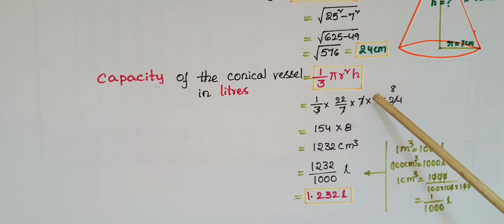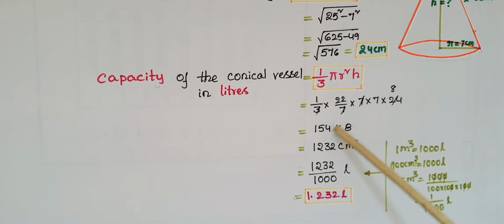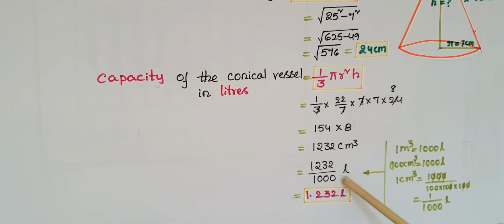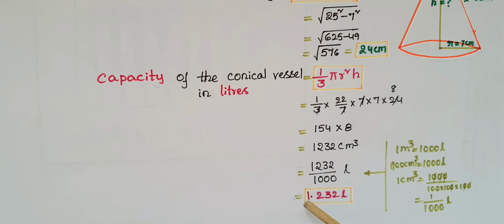Then 22 into 7 is 154 into 8, that is equal to 1232 centimeters cube. But here we want to find the capacity in liters. So 1232 by 1000 liters. 1 centimeter cube is equal to 1 by 1000 liters. So divide this number by 1000, then you will get the capacity in liters. So 1.232 liters.